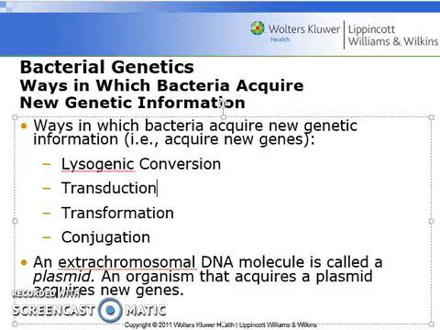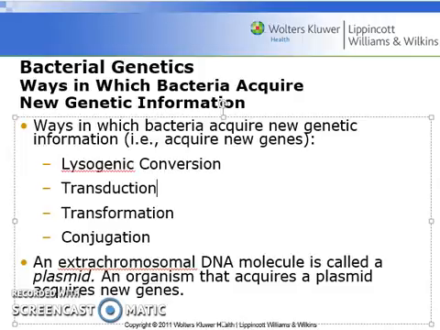In the process of transformation, a bacterial cell simply comes into contact with naked DNA surrounding its cell membrane, and then the cell membrane will allow the DNA to pass into it, and once the DNA gets into the bacterial cell, it will just start to transcribe that DNA and then translate it into a protein to express it.